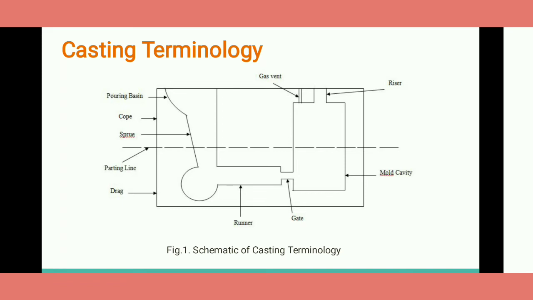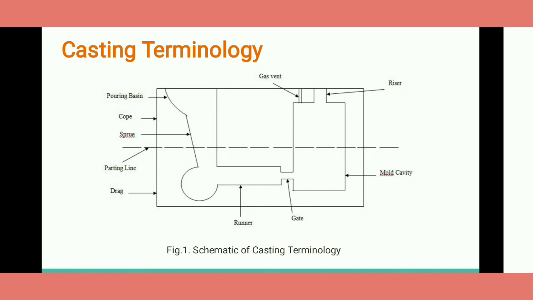Once this mold cavity is filled up to the top, because we have no idea when it will fill, and as we are continuously supplying the molten material, the material will come out from the riser. So we get to know that this mold cavity has been filled.